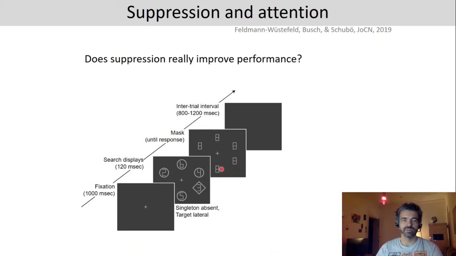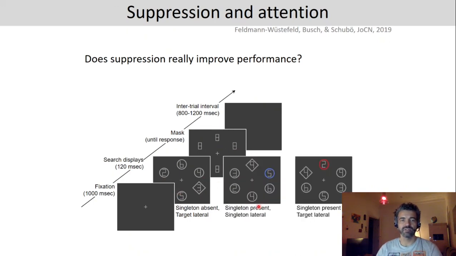This was a mask just to make the task a bit more difficult. And in some of the trials, in addition to the not so salient gray distractors and the target here, there was a salient singleton present, a color singleton, and that could be blue or red or green.